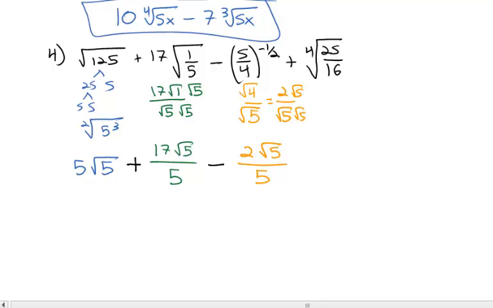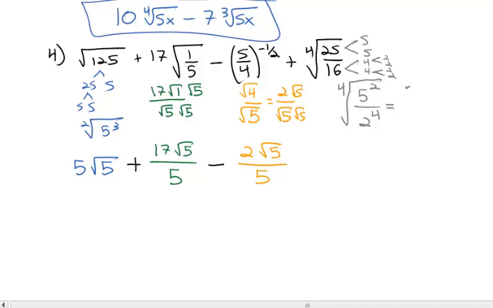Finally, the 4th root of 25 over 16 becomes an interesting challenge. 25, when we factor it, is 5 times 5, 5 squared. 16, when we factor it, is 4 times 4, 2 times 2. So we have 5 squared over 2 to the 4th, and we want the 4th root of that.